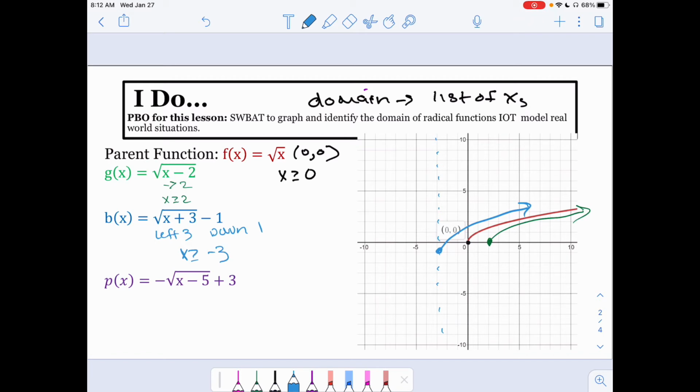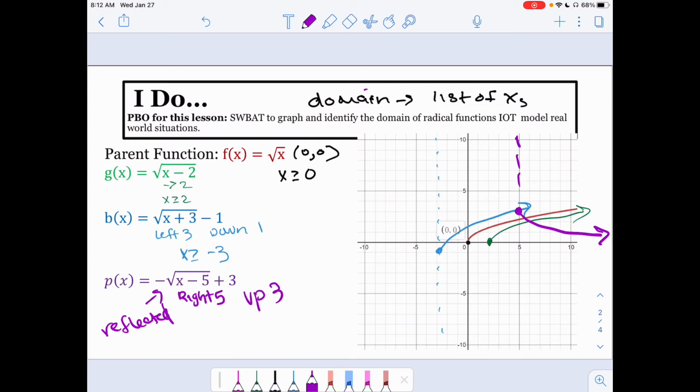Let's take a look at p of x. It's shifted right 5, up 3, and it's reflected. So starting at my parent function, it's shifted right 5, up 3, and it's reflected.